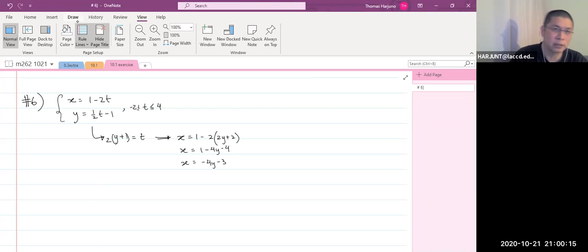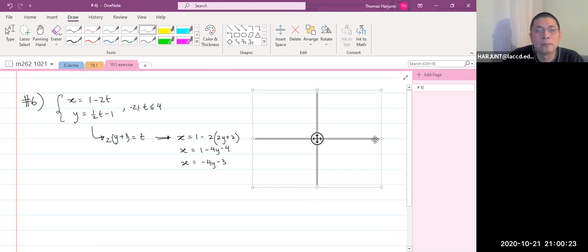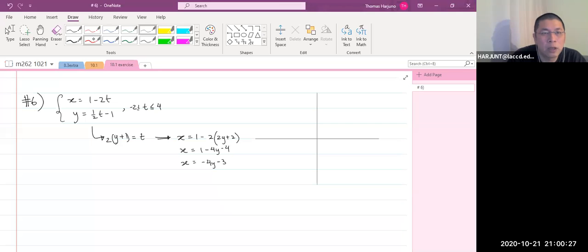How to graph this? The x-intercept, when y equals 0, x equals -3, so -3, 0. When x equals 0, y equals -3/4.